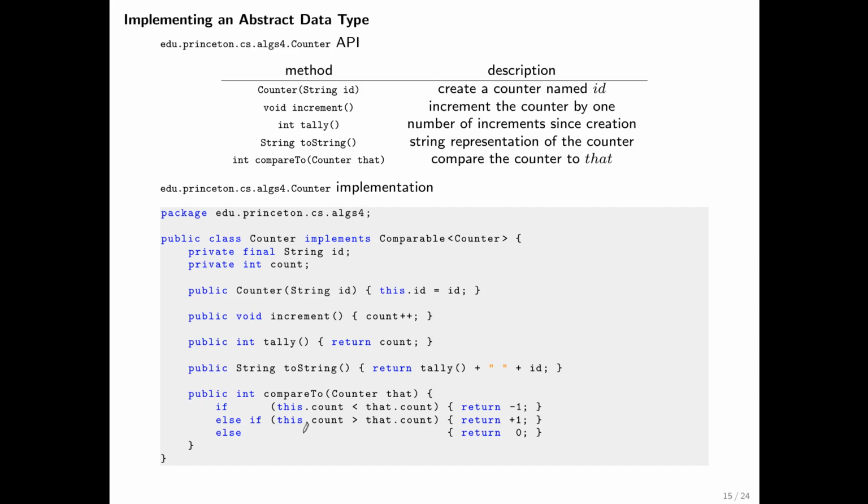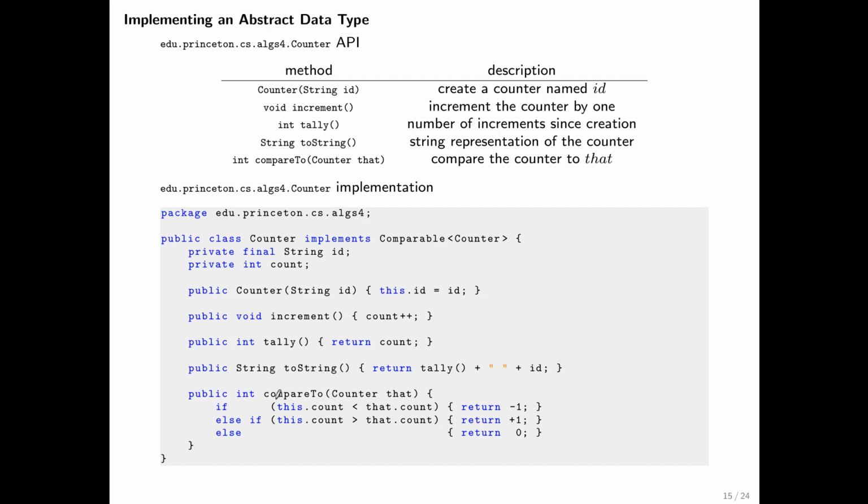And when they're precisely the same, we return 0. That's how compareTo typically works. It returns a positive number if this object is larger than the other object by some measure, negative number if this object is smaller than the other one by some measure, and 0 precisely when they are the same. We'll talk about this in some detail later in this lecture.